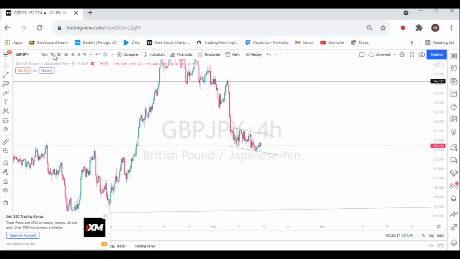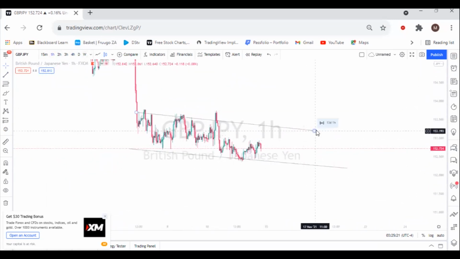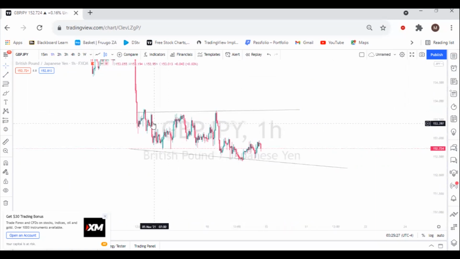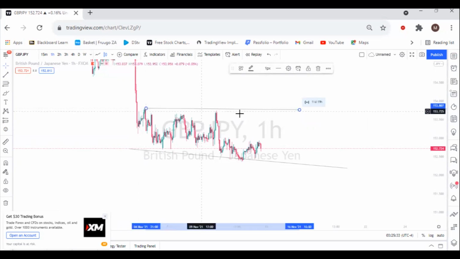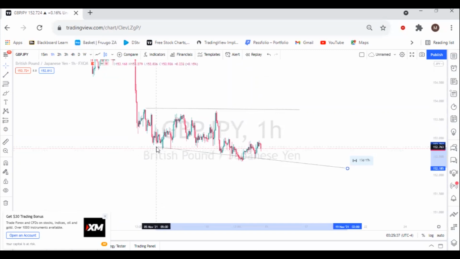So the same applies with the patterns or flags or small corrections, right? We spot our 1 2 3 structure. We base our entries on the third touch because it has the highest probability. So let me just adjust my trend lines.